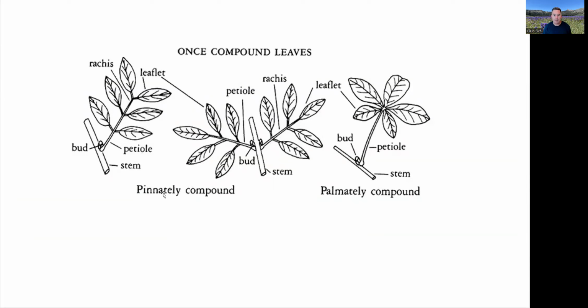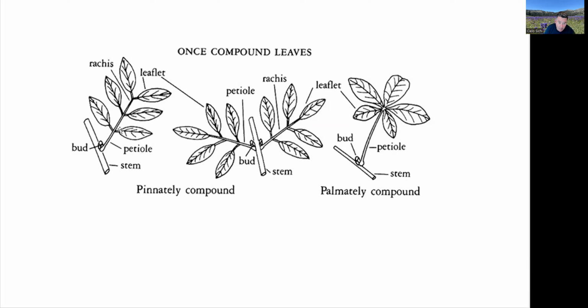For pinnately compound, the way I like to remember it is that it's like a single pin that comes up through it. This entire thing here is the leaf itself, with petiole. If this was a simple leaf, this would essentially be considered the midrib.